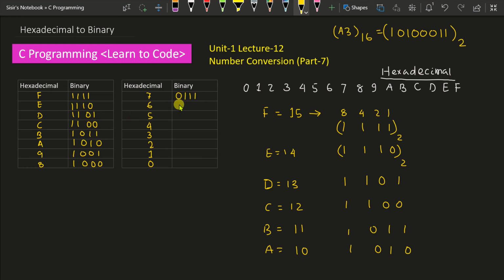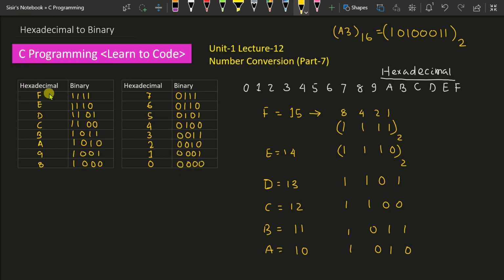So 0 1 1 1. 6 is 0 1 1 0, this is 4 plus 2, that is correct. 5 is 0 1 0 1, 4 means 0 1 0 0, 3 means 0 0 1 1, that is 2 plus 1. 2 is 0 0 1 0. 1 is 0 0 0 1, and the last one is 0 0 0 0.